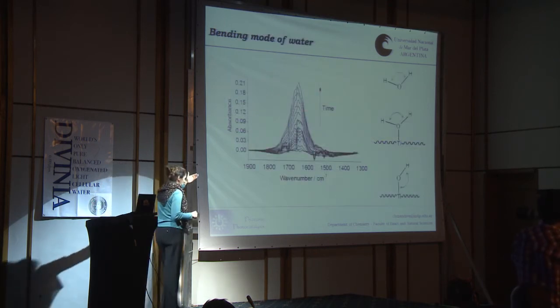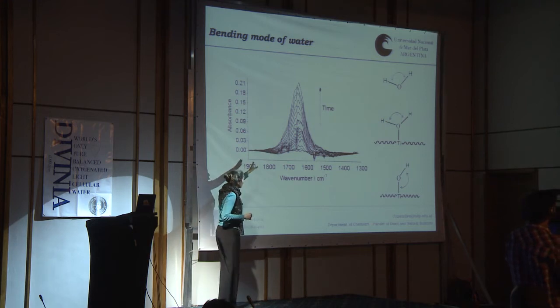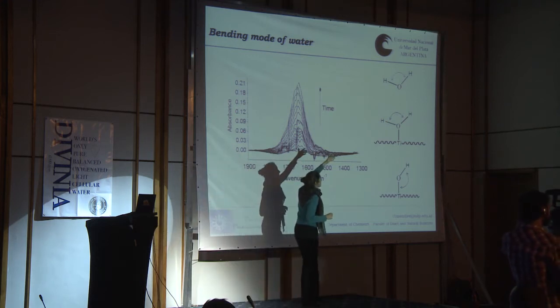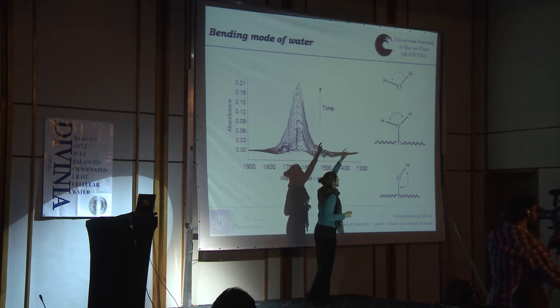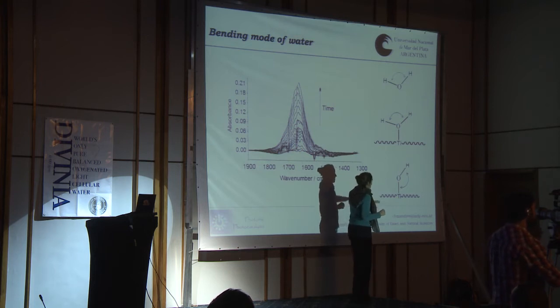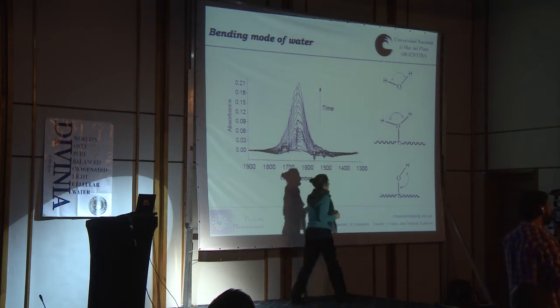This is the bending mode of water I showed before, which increases with time. The bending mode of water would indicate that there's either free water or adsorbed water as in a molecular fashion, or dissociatively at the surface.